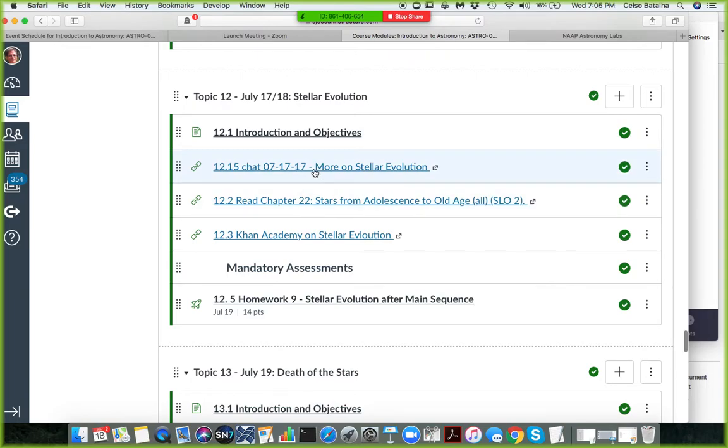I uploaded yesterday a chat where I explained the Hertzsprung-Russell diagram. It's one of the key aspects of our course to know how to interpret this diagram. What are the mandatory assessments?